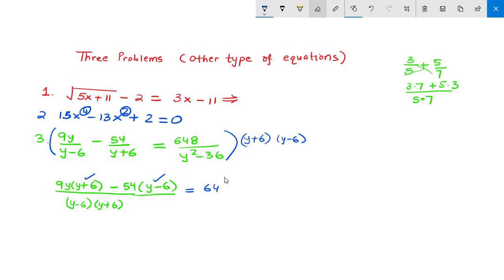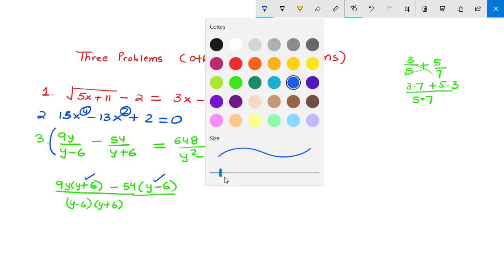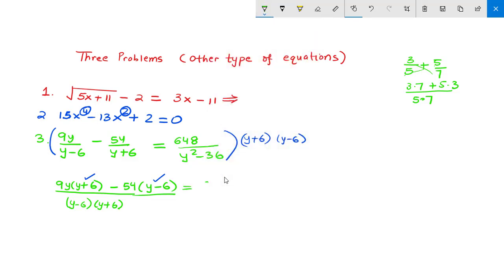So on the right side, I apologize, with my technique, equals 648 over y squared minus 36. Now y minus 6 and y plus 6, as this is the difference of two squares, this is nothing but y squared minus 6 squared, which is y squared minus 36. This cancels with this.